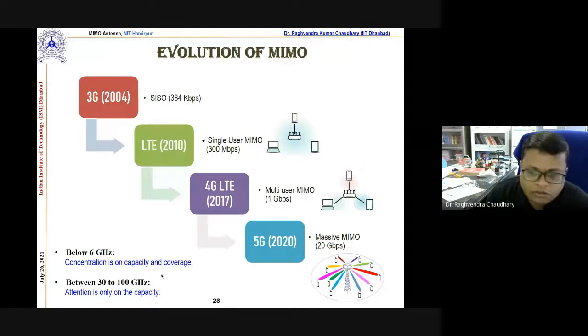Particularly, we can see the things in two windows: below 6 GHz and above that, we have a section which is between 3 gigahertz and 100 gigahertz.